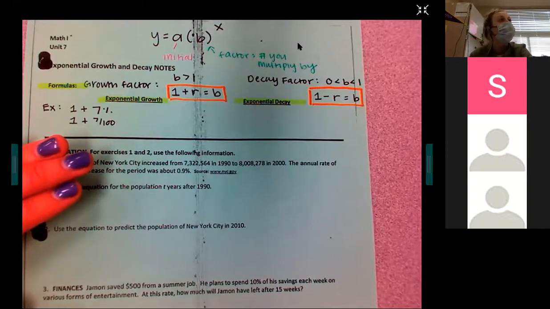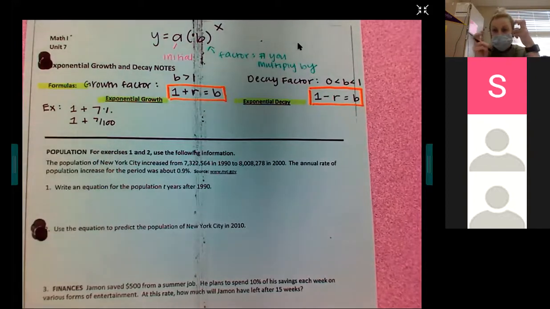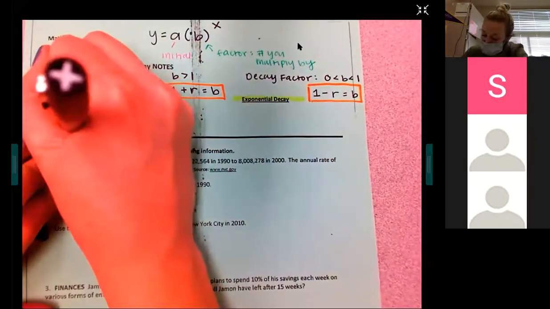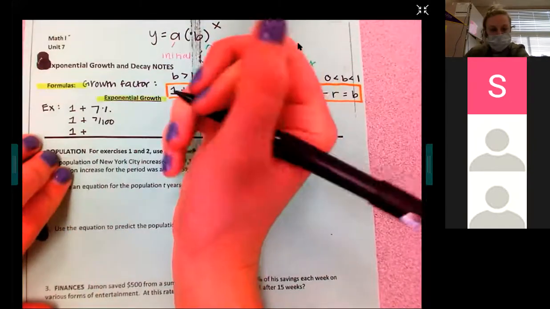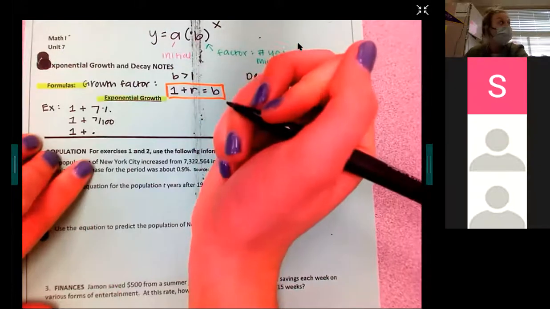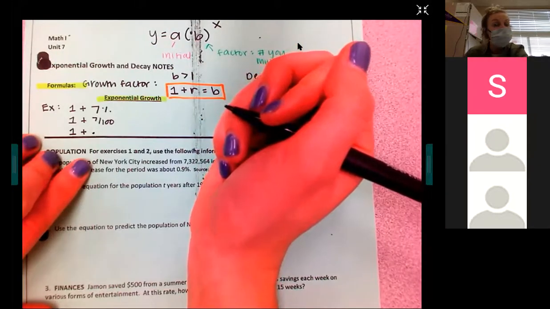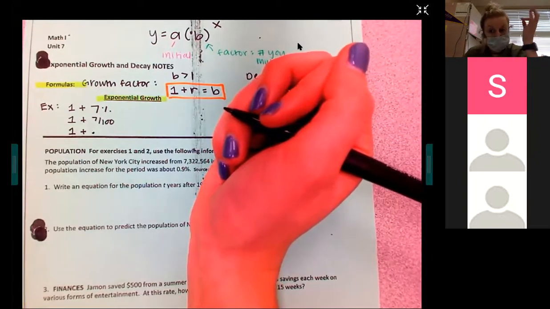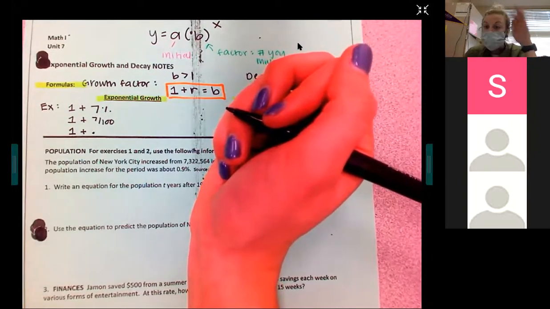Anything divided by 100, you're going to keep that number, so we're going to keep the 7. How many zeros does 100 have? 2. So this is going to be 1 plus a decimal, because we're dividing and the top is smaller than the bottom. All rates are decimals. Percents are always changed to decimals.